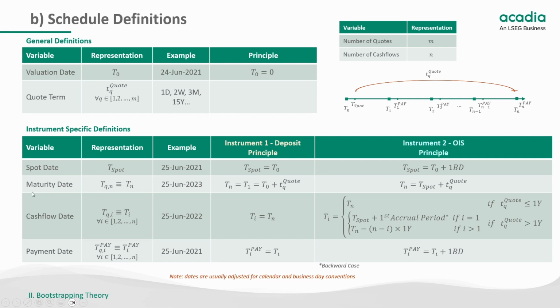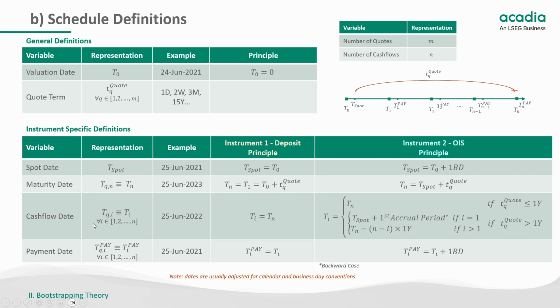Now, Tn is T lowercase n, that's the maturity date, n being the number of cash flows for this instrument. That's the date at which the trade terminates, or put differently, the date at which the actual accrual period of the last cash flow of the trade terminates. For the deposit, it's T0 plus the quote term, whereas for the OIS, it's T spot plus the quote term.